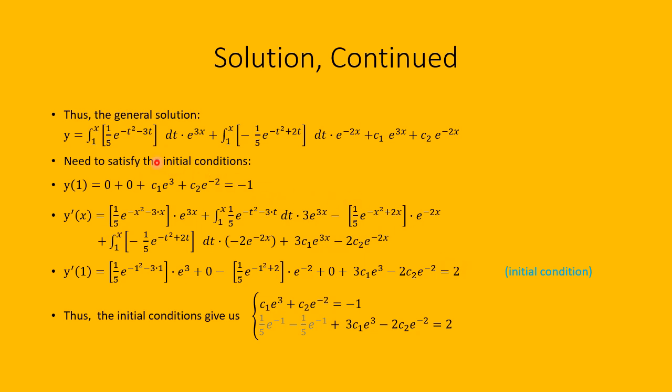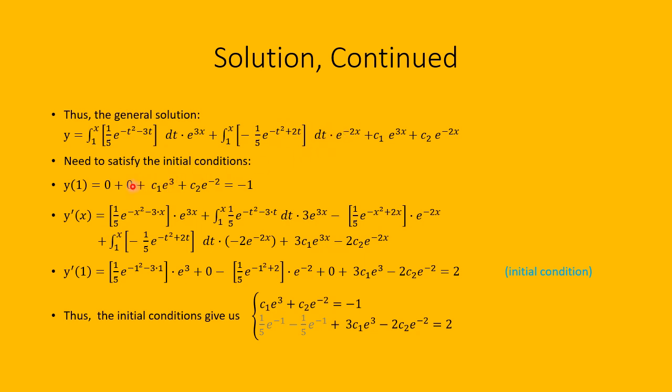So coming up here, let's look at y of 1 first. The integral from 1 to 1, letting x be 1 in this case, the integral from 1 to 1 of anything is 0. 0 times 3x is 0. Maybe I should have said 0 times 3 e to the 3 times 1. For the same reason, the second term is also an integral from 1 to 1 of some stuff times some stuff.